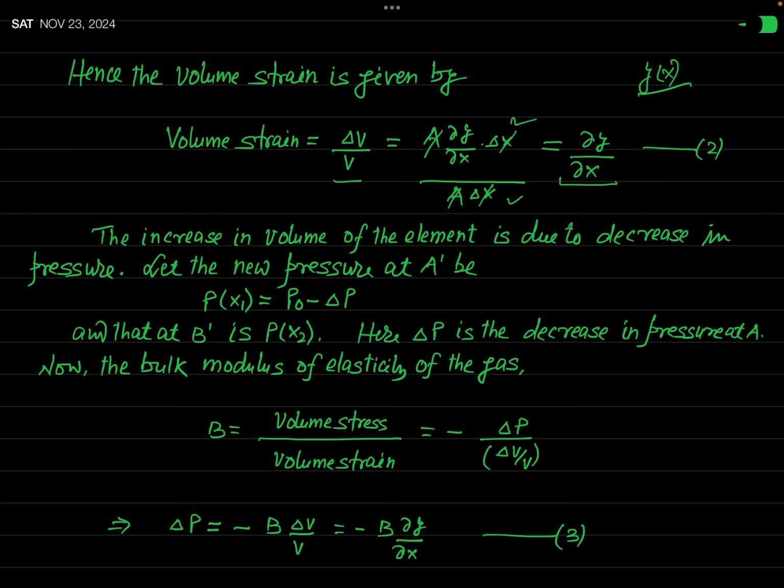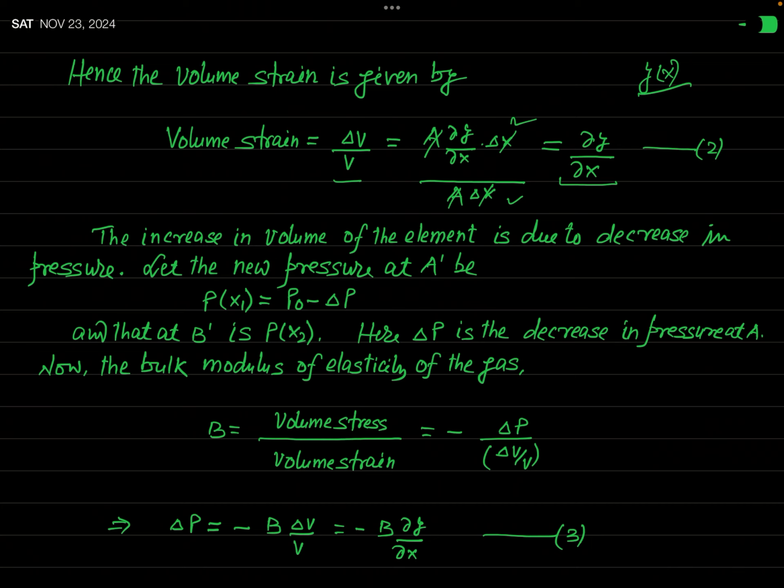Now, volume in this case increases, but can you say why the volume of the element has increased? Definitely, in case of a gas, when the volume of the element increases, its pressure will decrease.